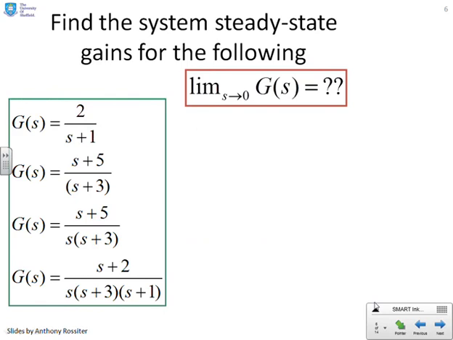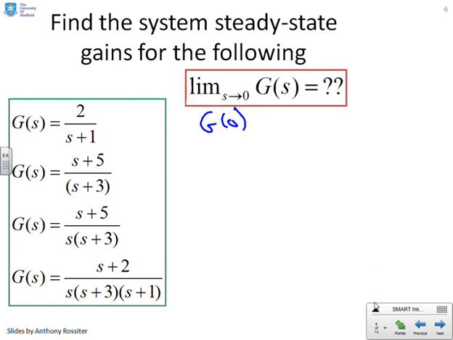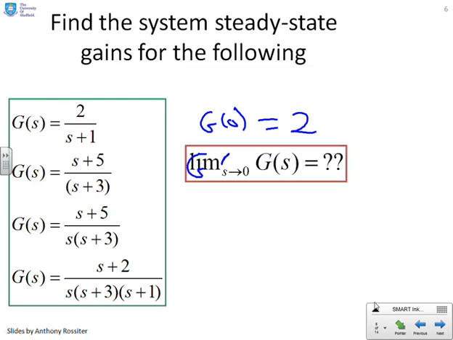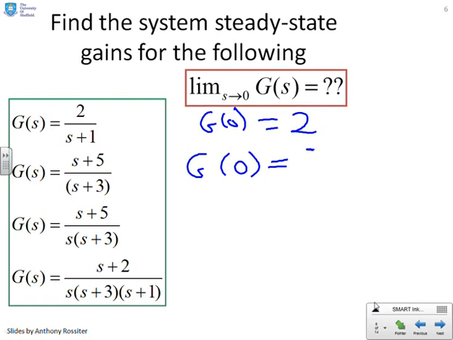Now, just to reiterate this issue about the integrators, find the system's steady state gains for the following transfer functions, and I'll write them down very quickly. In this case, G(0) = 2. I'm sorry, the screen's behaving a bit funny here. In this case, G(0) = 5/3.